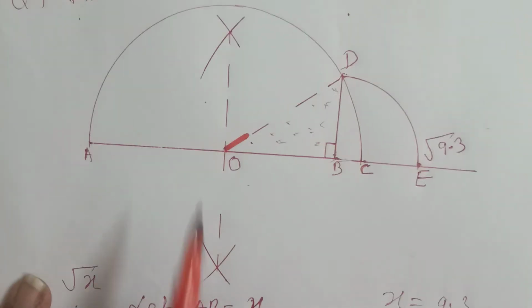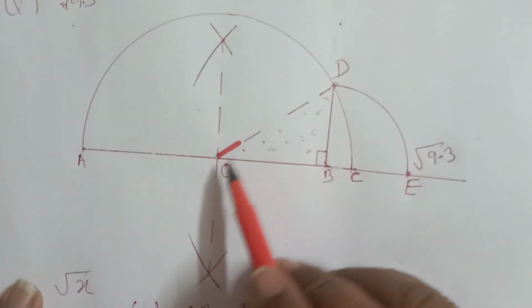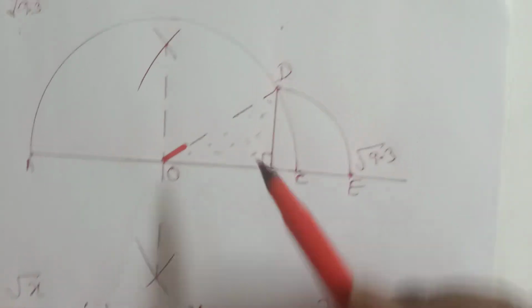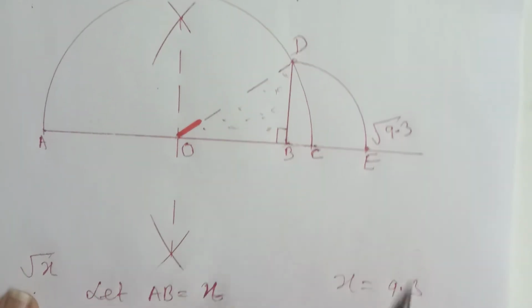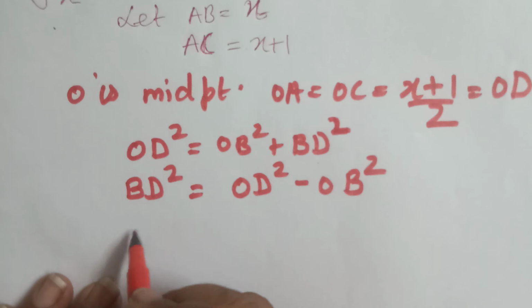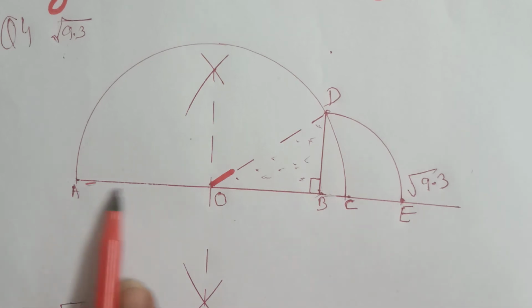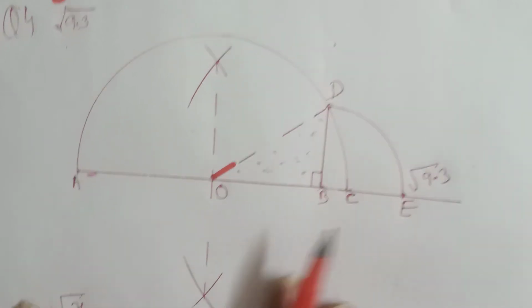Now we need to find the value of OB, because we know the value of OD, that is x plus 1 upon 2. We don't know the value of BD, and we can find OB because OB is equal to AB minus OA.